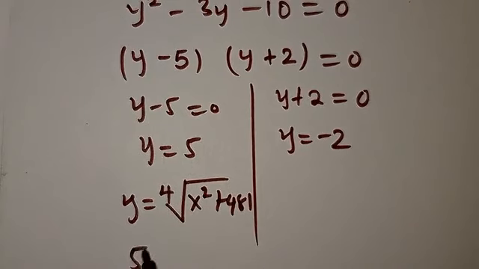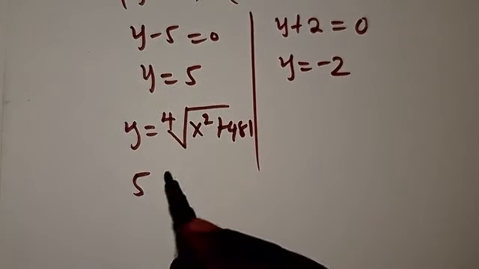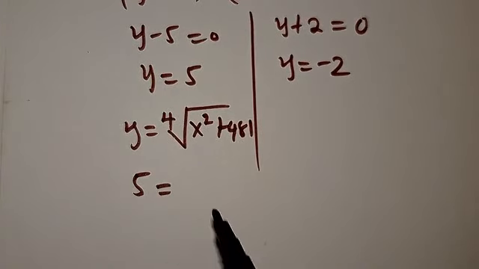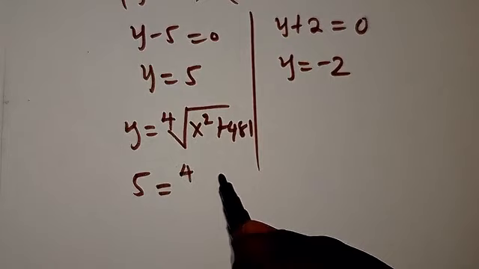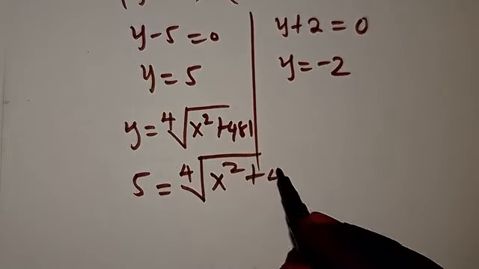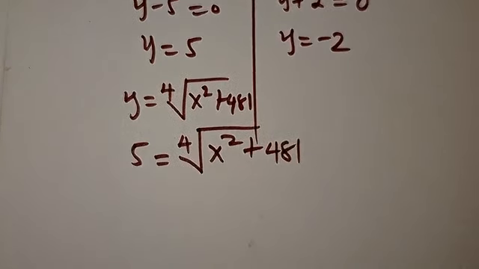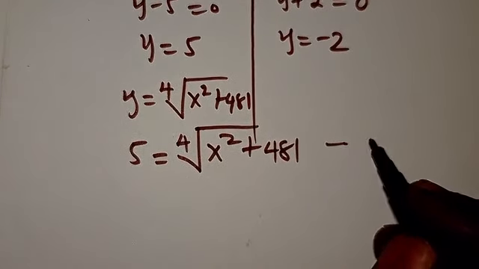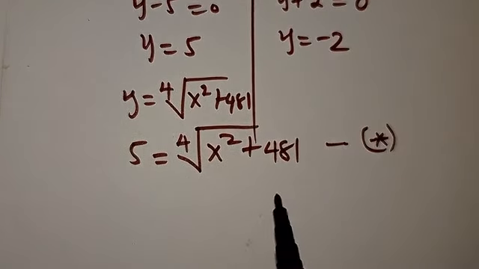Then y, which is 5, we have 5 equals the fourth root of x squared plus 481. So you can see we have this equation now. What are we going to do to this equation?